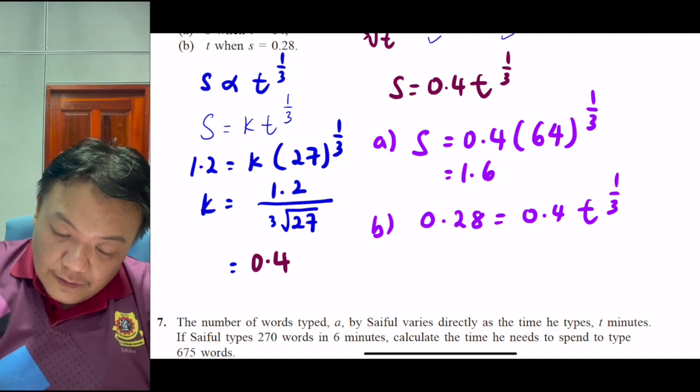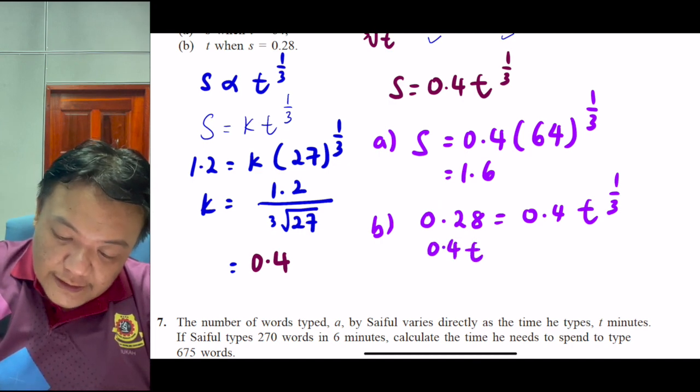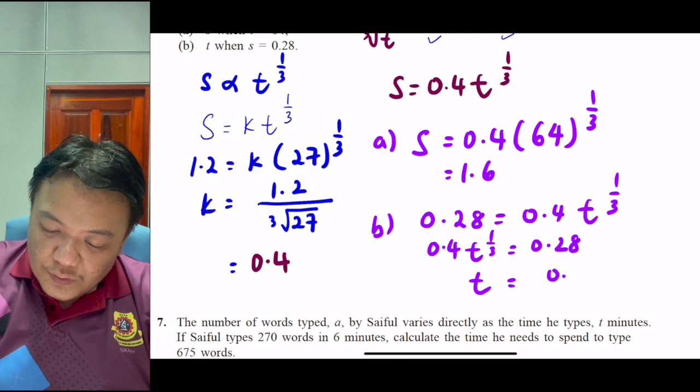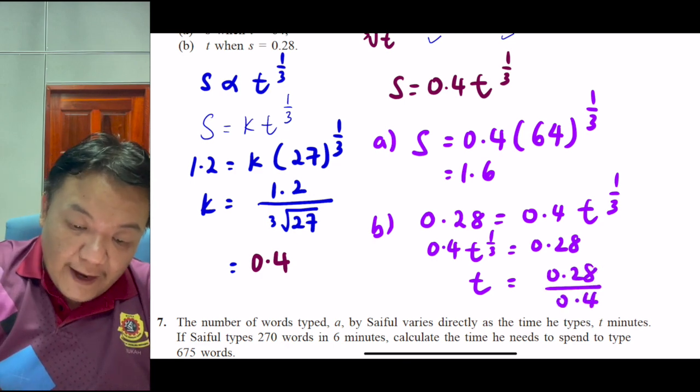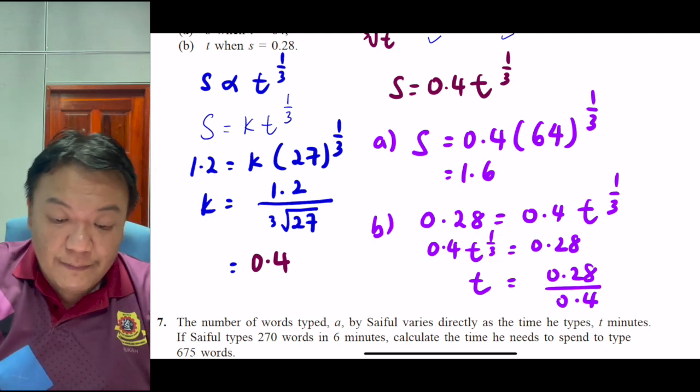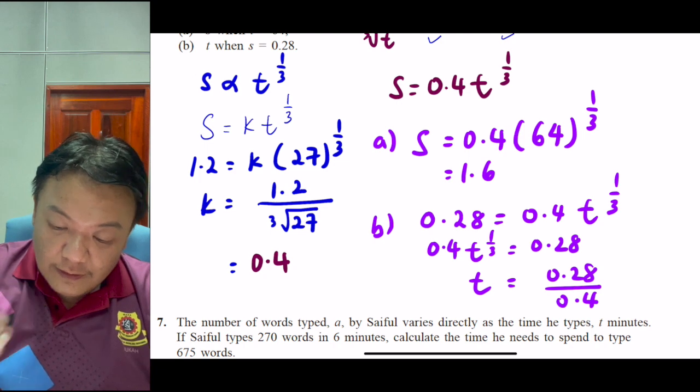0.4 t power of 1 over 3 is equals to 0.28. So t power of 1 over 3 is equals to 0.28 divided by 0.4, and then this is a cube root, right? The cube root, you move it to the other side, it will become cube.